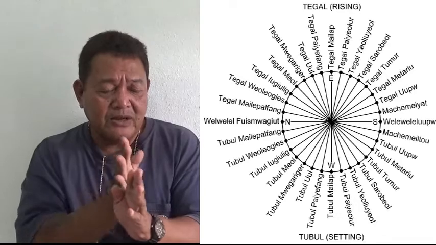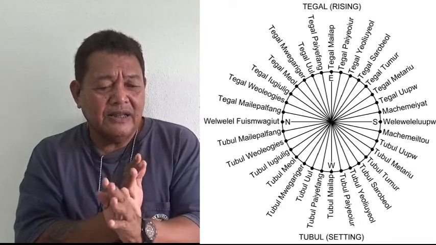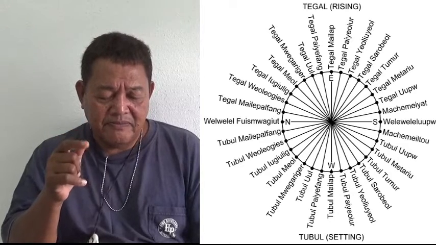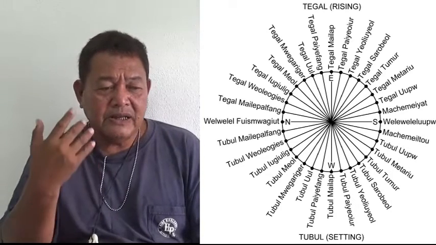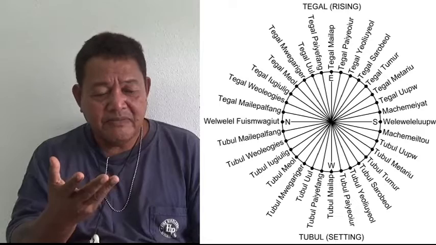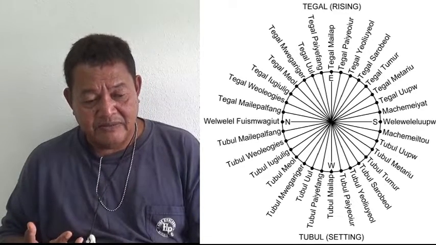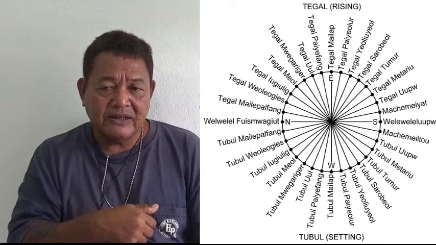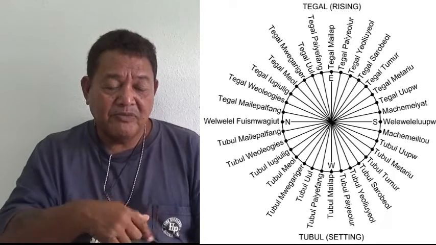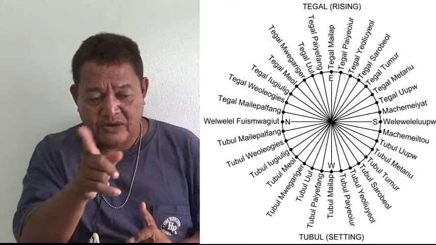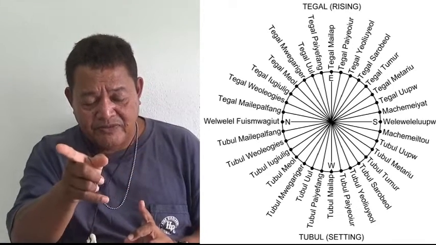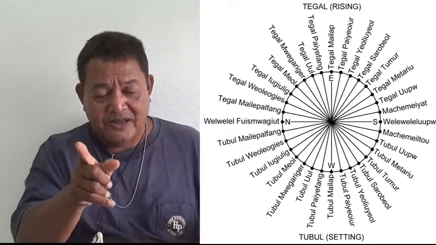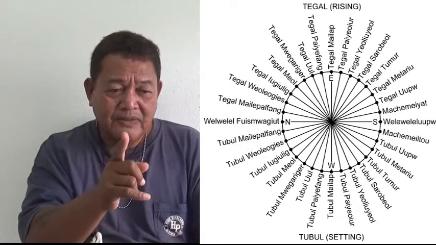And when we teach it, we say Tagal mailap, tubur mailap, meaning rising of mailap, the pair is the setting of mailap. Rising of payur, setting of paifang. That's the pair: you go this way, south, from above, and you go from west to north. That's how you pair them.